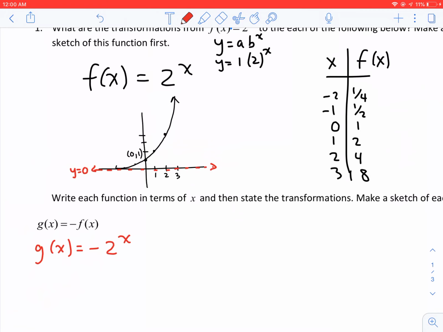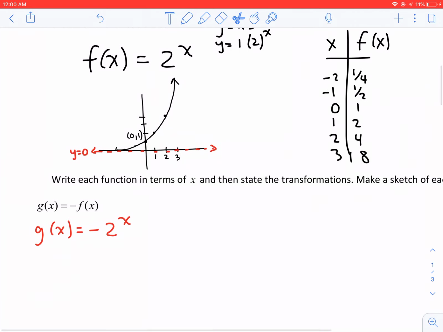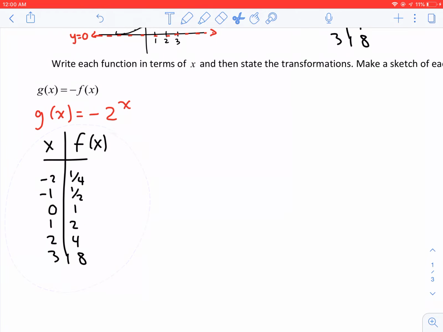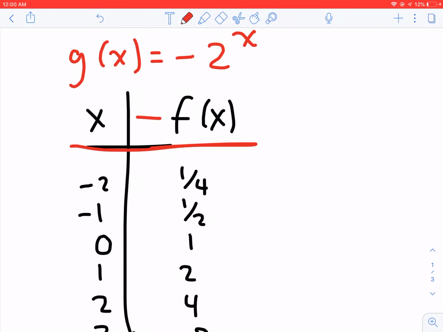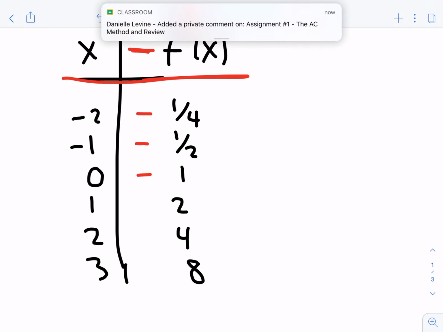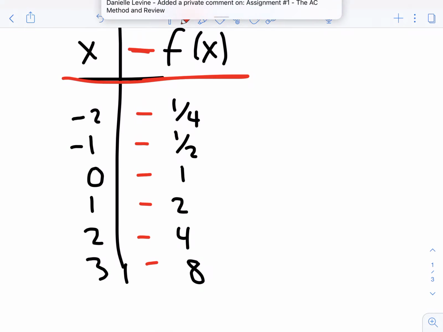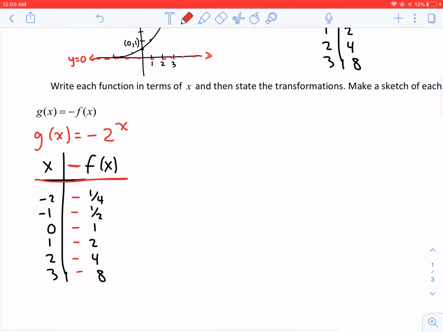So if I copy and paste this table, I'm graphing negative f of x. If these are the f of x values, well, the negative f of x values would be negative 1/4, negative 1/2, negative 1, negative 2, negative 4, negative 8. All of my y values are just negative.